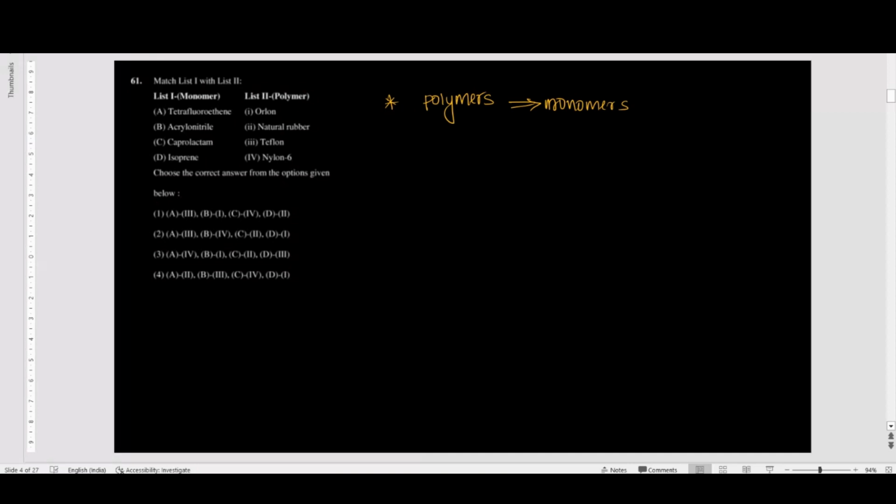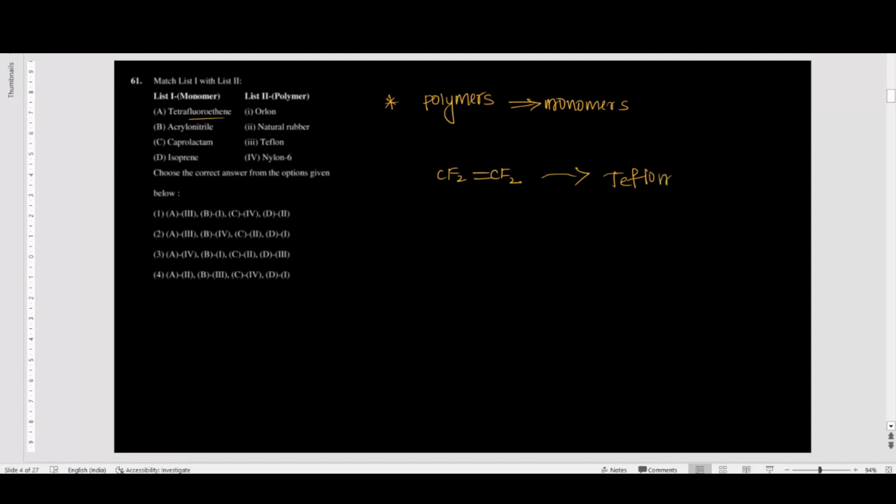You can check that video, I'll give the link in the description box. They have given the monomer tetrafluoroethene here. This is CF2 double bond CF2, and this is the monomer, and its polymer is Teflon.